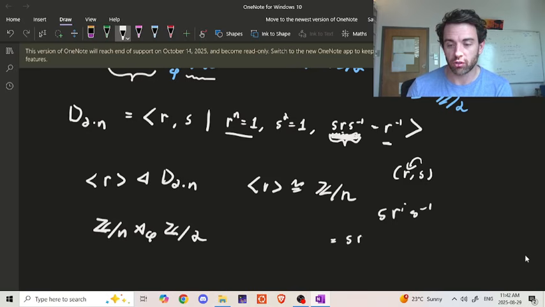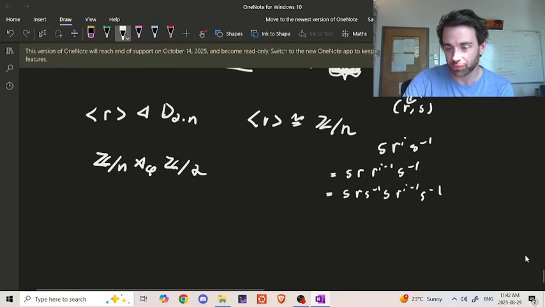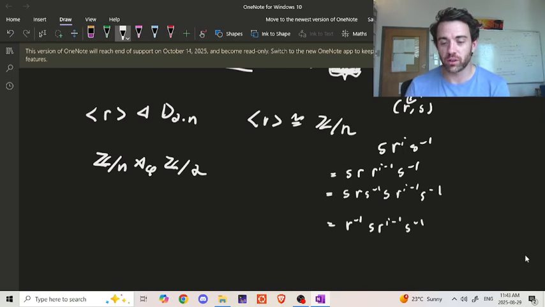So this would be s r r^(i-1) s inverse, but this is s r s inverse s r^(i-1) s inverse. And then using that relation, we know that this becomes r^(-1) s r^(i-1) s inverse. And now we simply repeat the argument inductively until we end up with r^(-i).